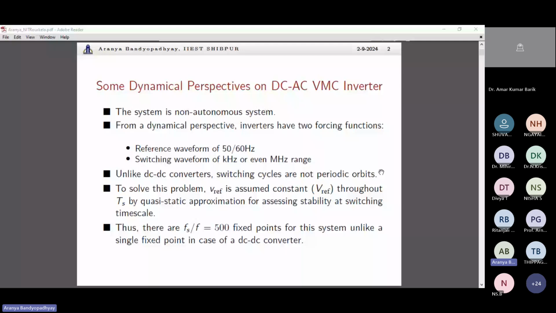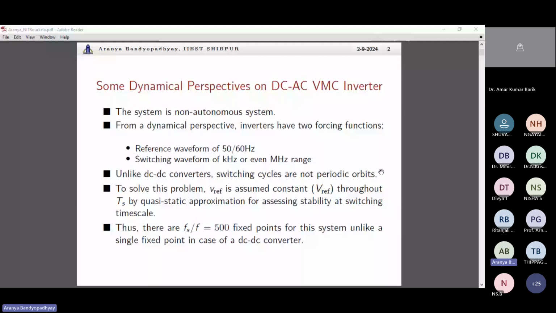So what does it mean? It means that when it comes to the voltage mode controlled inverter, you are very much familiar with the basic fundamental theories of pulse width modulation schemes. You will see that there will be a carrier waveform and a modulating waveform. And through the modulating waveform, basically we set the frequency of the system.